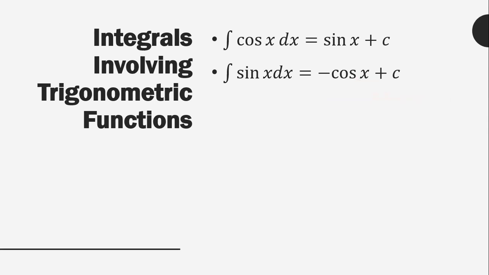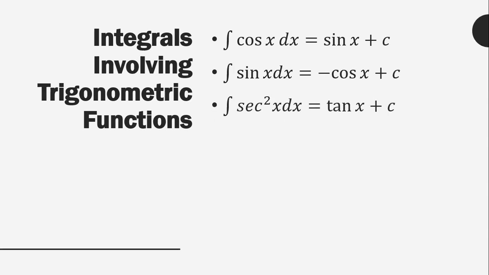Recall again the derivative of a tangent function. The derivative of a tangent function is a secant squared x function. So because of that, the integral of secant squared x dx is equal to tangent x plus c.